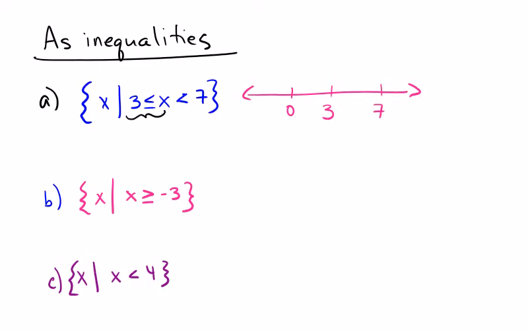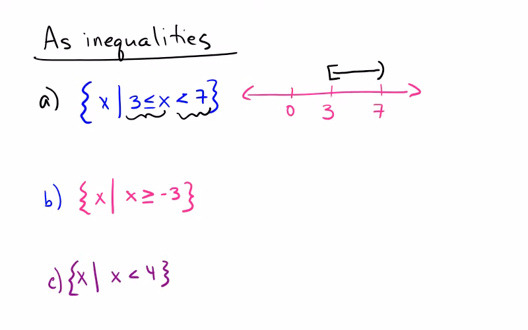At 3, we have less than or equal to, which means it's included, so we're going to use a bracket or a closed circle for that value. Then at 7, it is strictly less than, which means we're going to use a parenthesis or an open circle, and the area that we're talking about is in between.